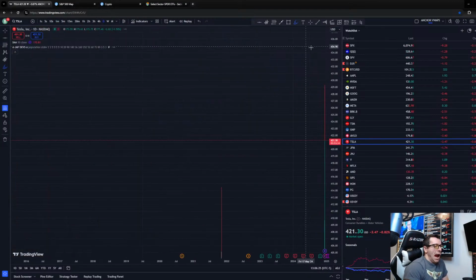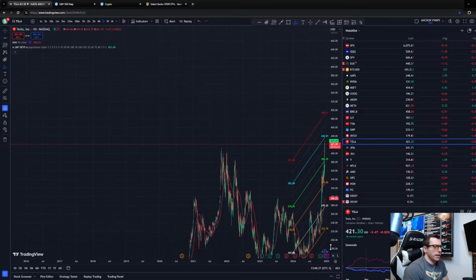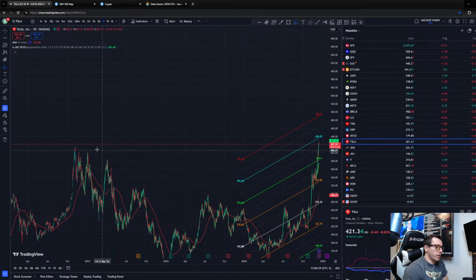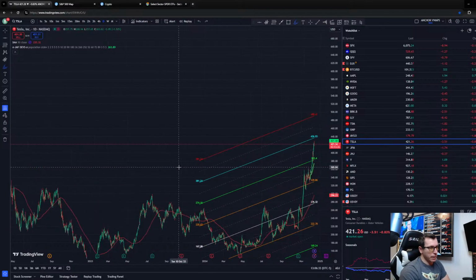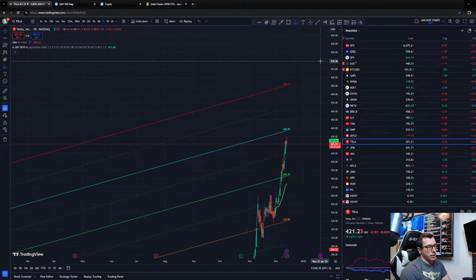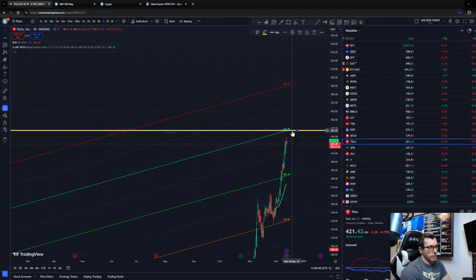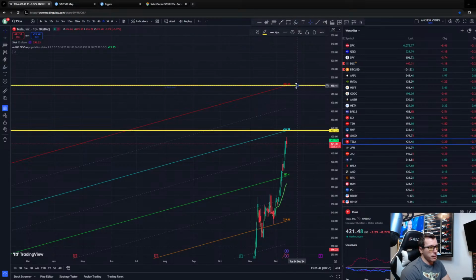Oh boy. Again, you can see we're getting real close. I mean, we are at this previous all-time high. I'm not even concerned about that really, but again, you're starting to get Tesla close to the +3 daily, and then you have +4 up here.